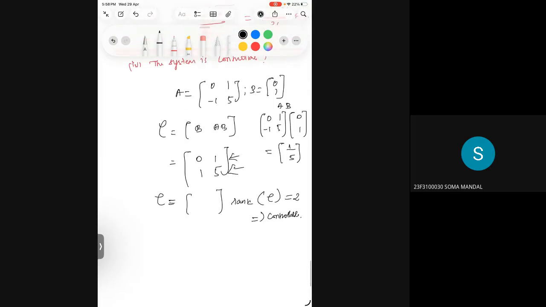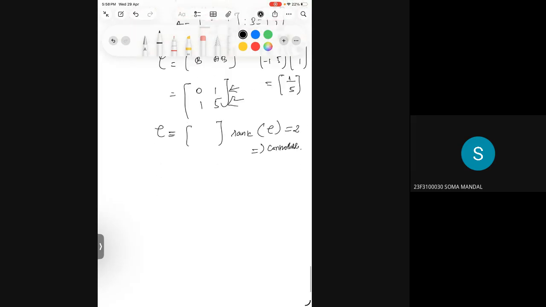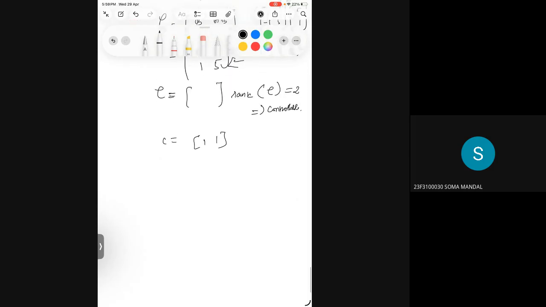We'll do the observability matrix also just for practice, but it was not asked. So I'm randomly giving a C. Consider your C to be [1 1]. The observability matrix O will be written as C and CA, up to CA power n-1.